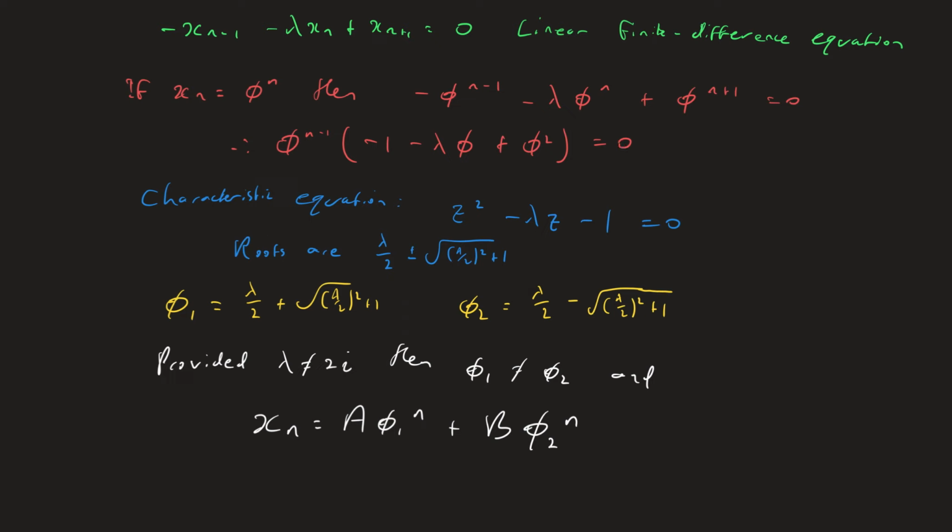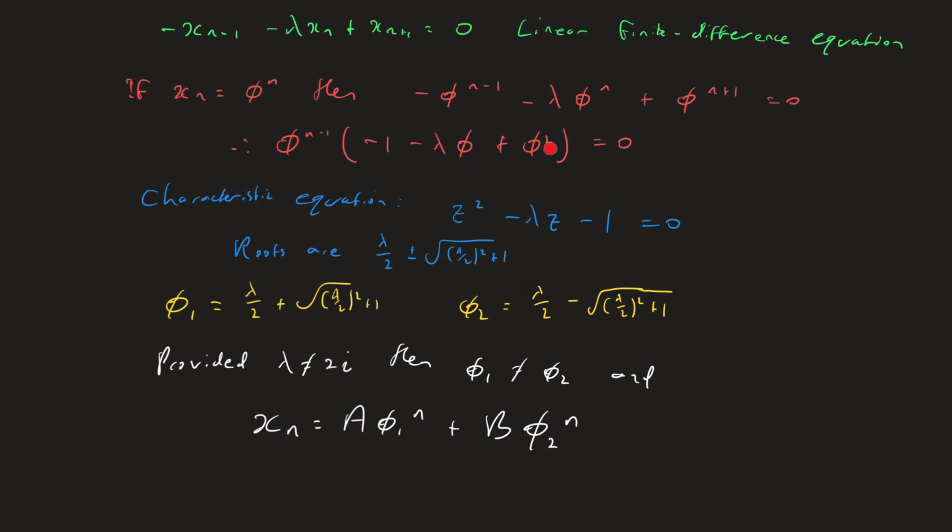From this, we see that either phi equals 0, but that just corresponds to the 0 solution here, where all the x's are 0, and that's not very interesting. Or, for an interesting solution, if the scalar phi here satisfies this quadratic equation, phi squared minus lambda times phi minus 1 equals 0, if phi satisfies this, then xn equals phi to the power of n will satisfy this linear finite difference equation.